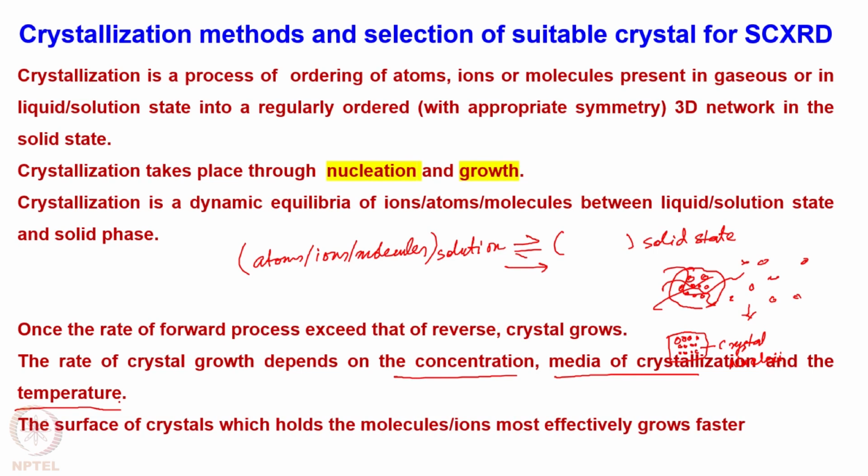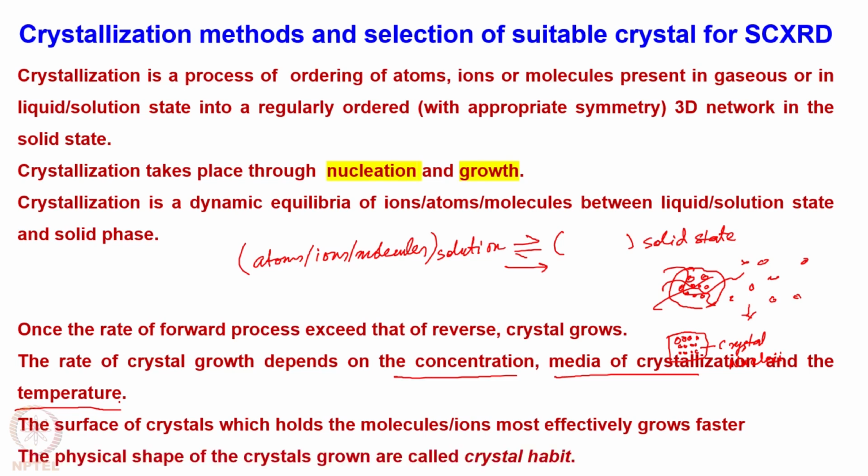The surfaces of crystals which hold the molecules and ions very firmly are most effective surfaces for crystal growth. So not every surface of a crystal grows evenly. Some crystal surfaces grow much faster than the others, which can be seen under a microscope.